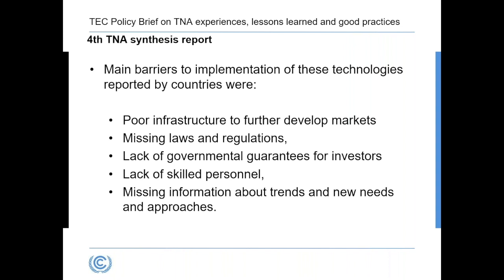So we know what is obstructing us from going to implementation, because that's how we are communicating with countries through reports, but also through key messages and also through negotiations. So that's basically the feedback we're receiving in the UNFCCC.